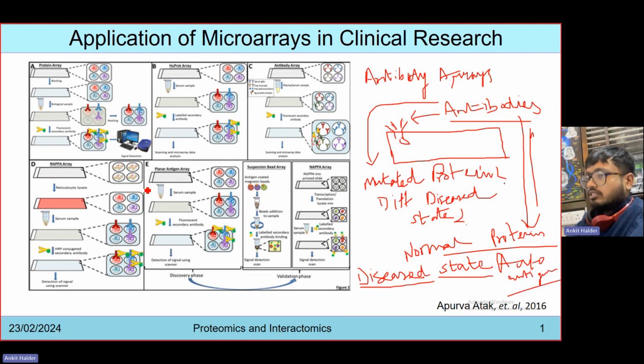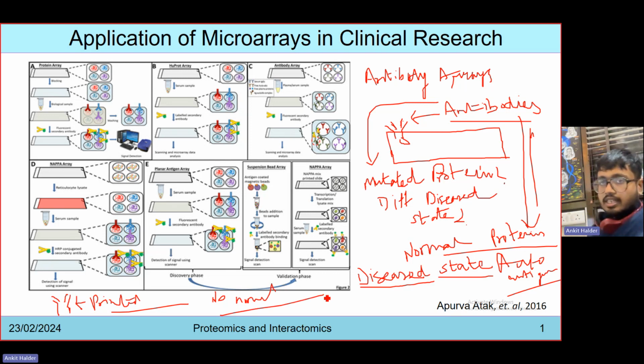How is it done? If you have antibodies printed of normal proteins, then in an actual scenario no normal protein should react against it, because these proteins are not immunogenic in nature, or antibodies should not be generated.